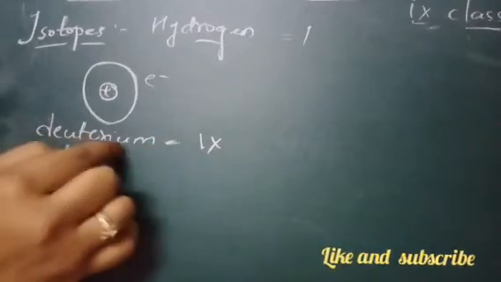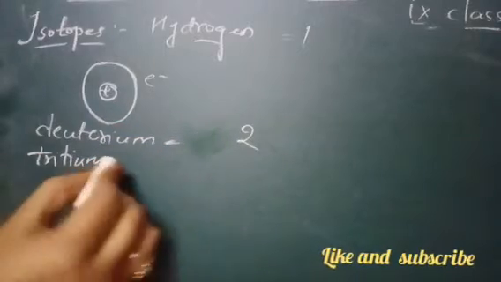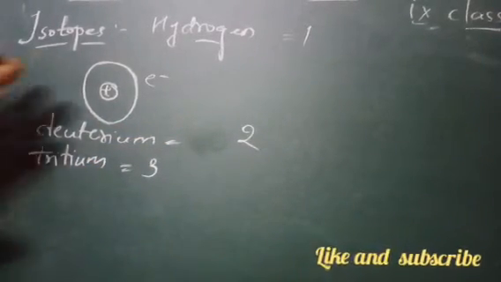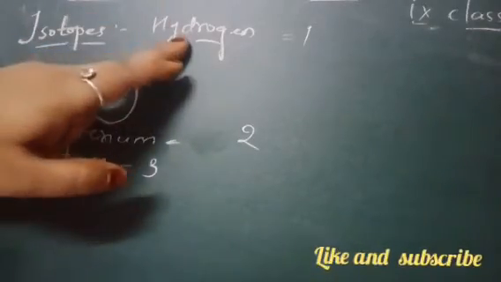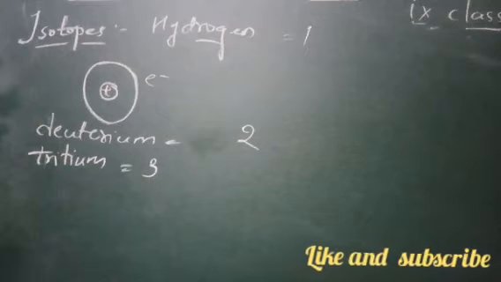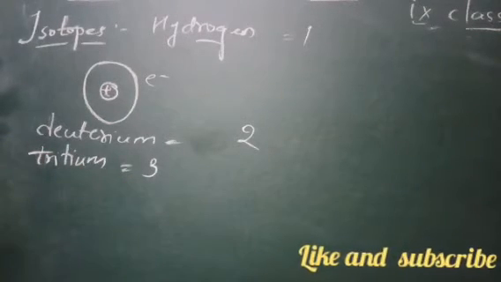That means deuterium maybe is having 1 and tritium 2, right? So that means the number of electrons will be the same because hydrogen's atomic number is 1. So the number of electrons will be the same, 1 electron only. But in the case of deuterium and tritium, the number of neutrons will change. Okay.